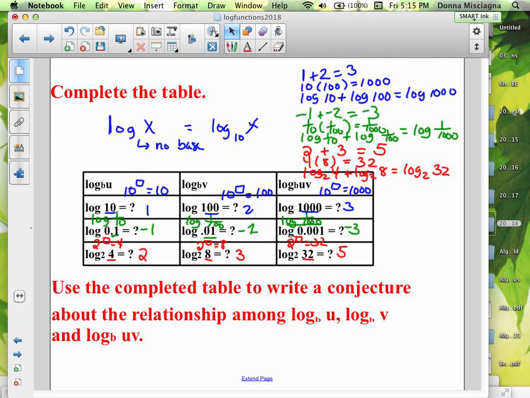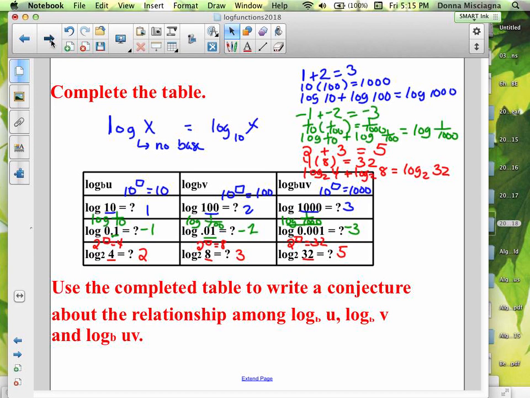So the sum of the logs is equal to the log of the product. So log 10 plus log 100 really does equal log 1000. And log 1/10 plus log 100th really does equal log 1000th. And log base 2 of 4 plus log base 2 of 8 really does equal log base 2 of 32. It's called the product rule.